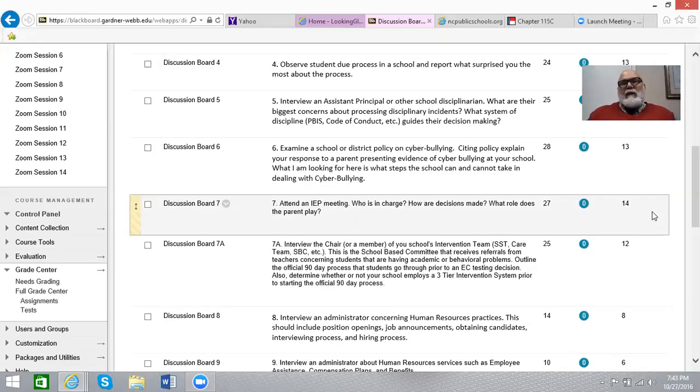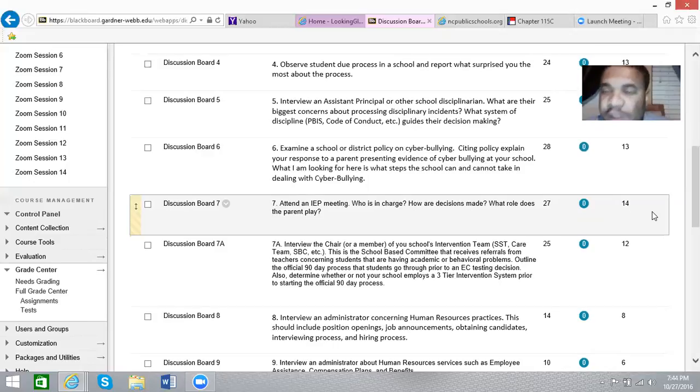Yes, a kid can be sent to an alternative school if it's determined that his behavior is not a function of his disability. EC kids can be sent to alternative schools. Absolutely, they can. They can be sent home for 10 days. They can have a due process hearing. All those things can happen, but you better be clean and you better be following the process all the way through.